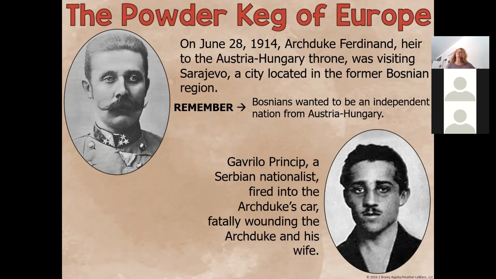So in June of 1914, Archduke Ferdinand, the heir to the Austria-Hungary throne of that huge empire, went to visit a city in Bosnia, Sarajevo. Remember, the Bosnians want to be independent from this empire as well. Gavrilo Princip is a nationalist in a group called the Black Hand.